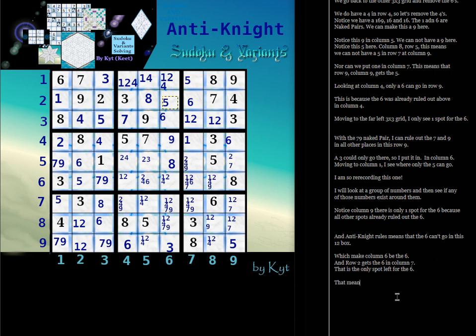That means the 5 goes in row 1, column 7, and also in column 6 at row 2.